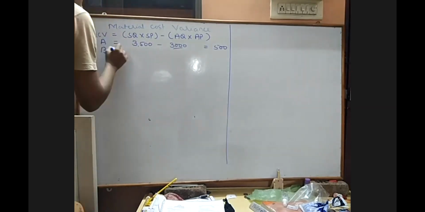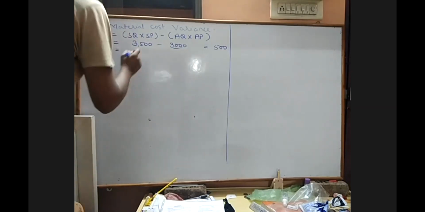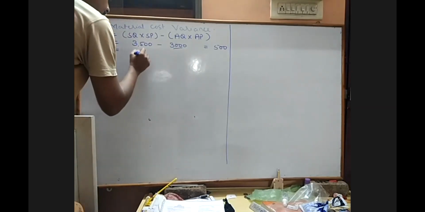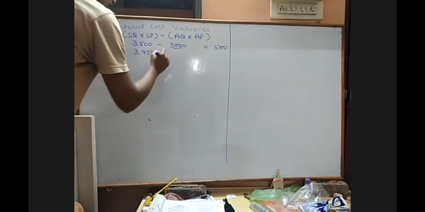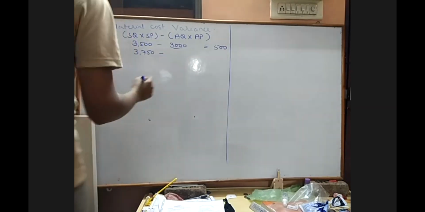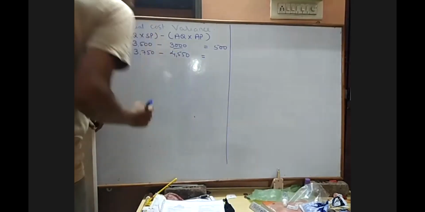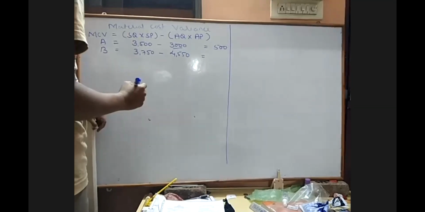Then next is B. B is 3,750 minus 4,550. I believe this will be 800 rupees. Check whether it is right.